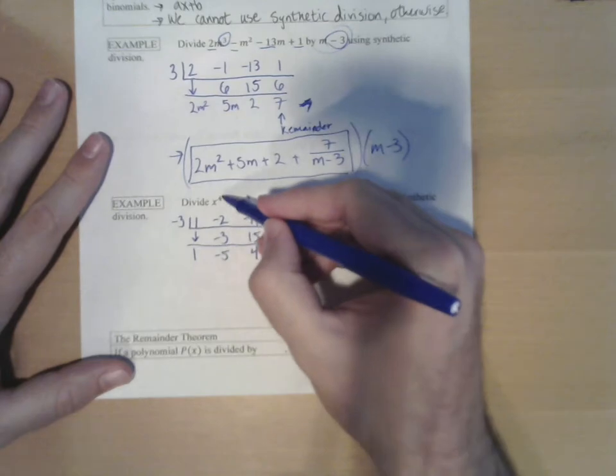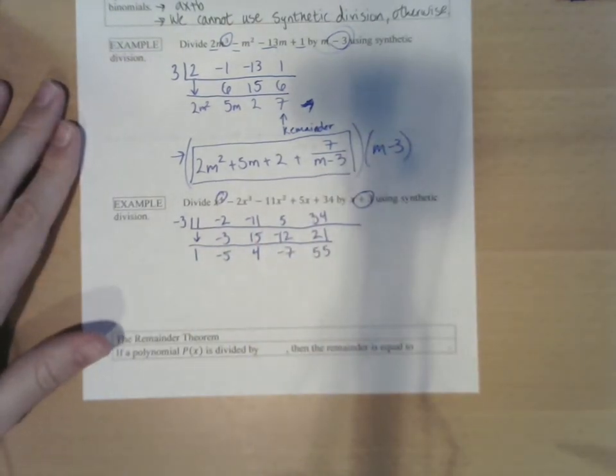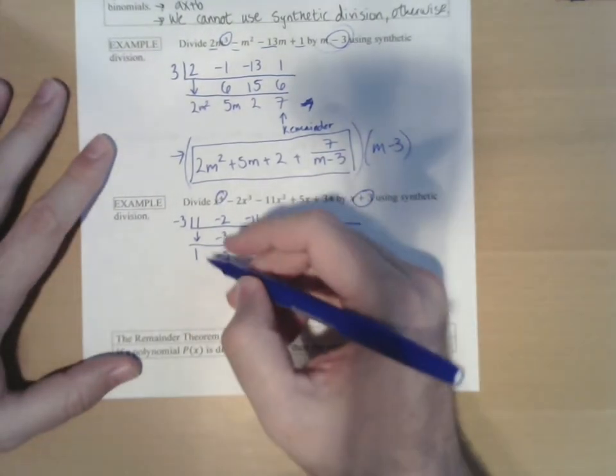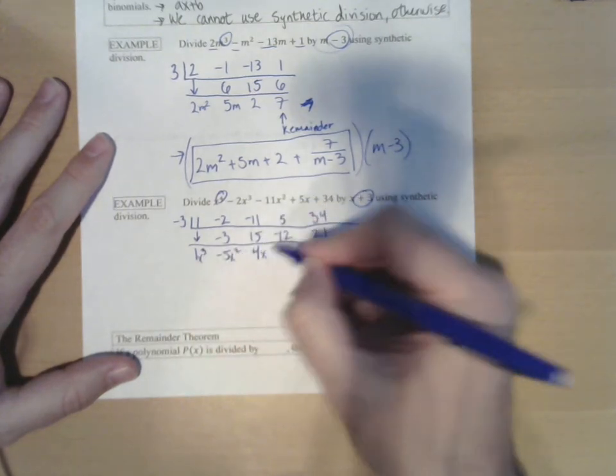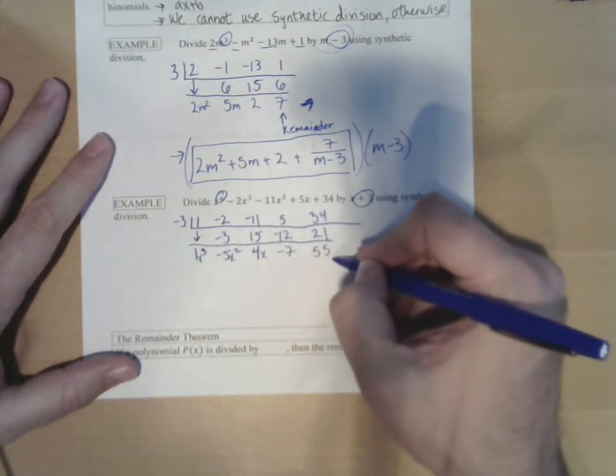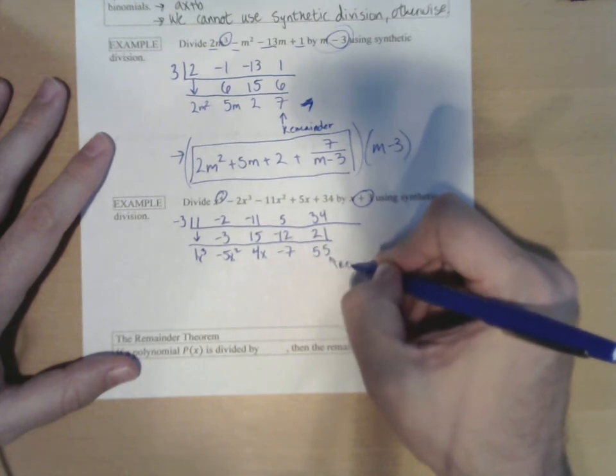So again, look at your top degree, and this is going to reduce it to x cubed, x squared, x, this is our constant, and this guy is our remainder.